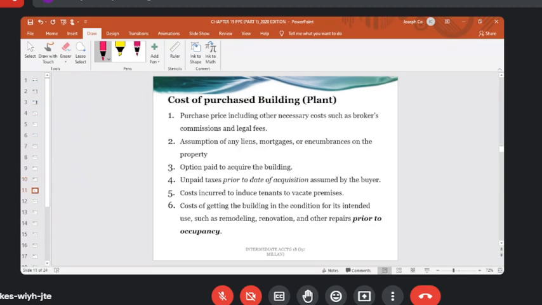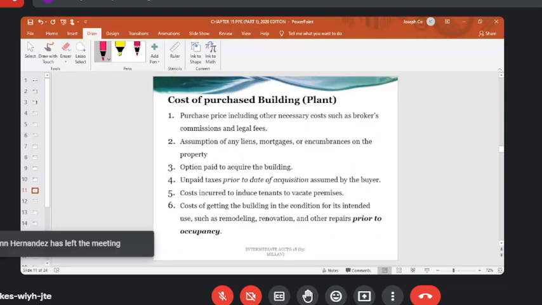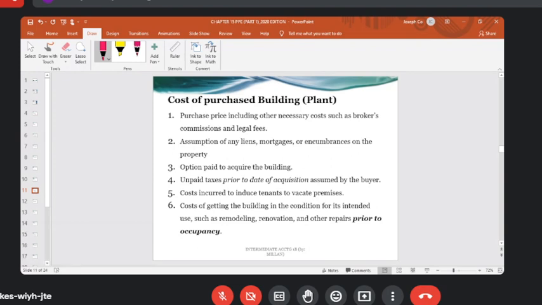And then, ito naman yung kasama sa cost ng building. Okay, pakibasa po, no? Kaya dito dapat alam po nyo kung saan papasok, kung land po ba siya, or sa building, or sa land improvement. No? You don't need to memorize.